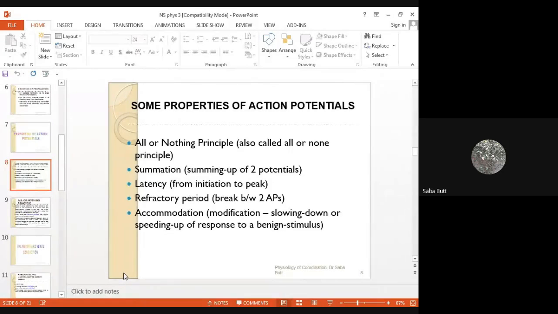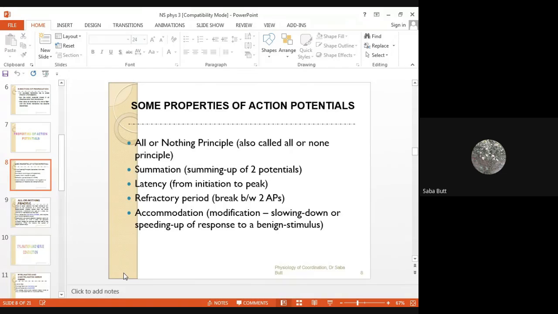Sodium is rushing in at multiple points on the cell body and on the dendrites. Now, when two or three of those are close together, naturally their ions will move towards each other and will be summed up. When the ions moving from this direction and from that direction come close to each other, they cause a higher rising spike.